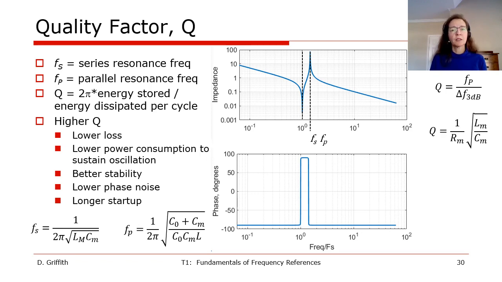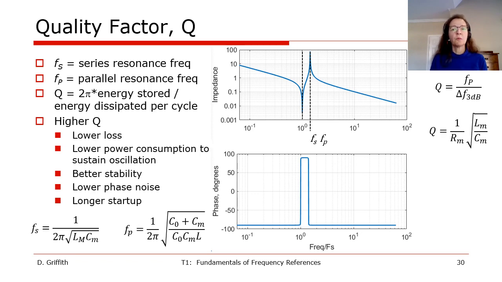The quality factor, or Q, is a critical parameter which quantifies how much energy is stored in the resonator versus how much is dissipated per cycle, and is the resonance frequency divided by the 3 dB bandwidth.